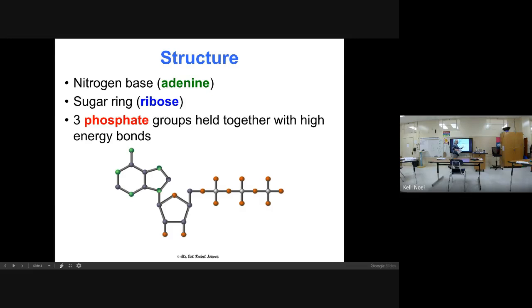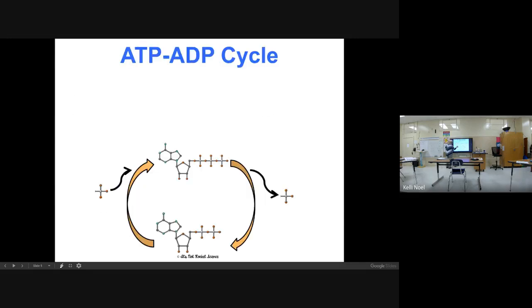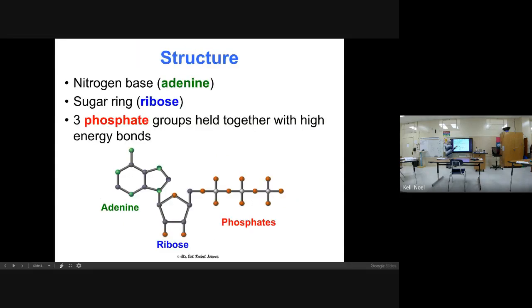You need to know those three parts. A lot of time, just that outer part will be highlighted. This part that sticks out and these parts here that stick out may not be in an image, but it's a general image like this: adenine, ribose, phosphates.